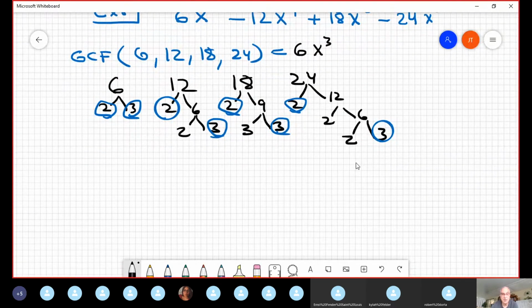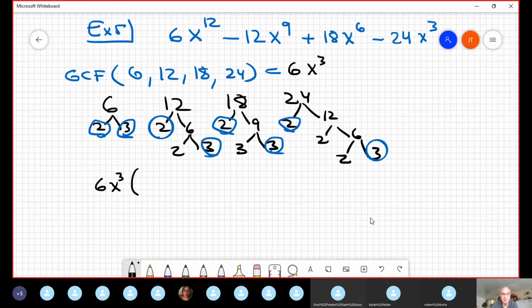Now factorization. Factor out 6x to the cube over parentheses, and it's inside. Let me see. In the original problem, it's 12, no? The entire coefficient 6 goes outside. Only an invisible 1 stays. And 3 plus 9 is 12.